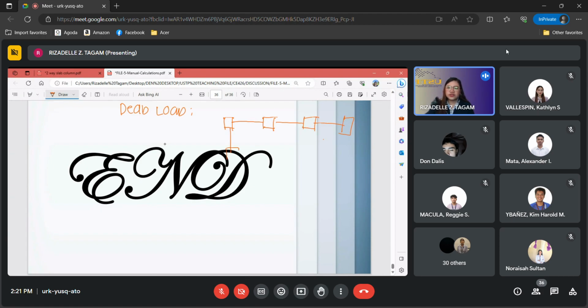So this is what your floor layout looks like: slab layout, beam, and column layout, with a column at each intersection. So beam, beam, beam, beam, beam, beam. That's the layout.